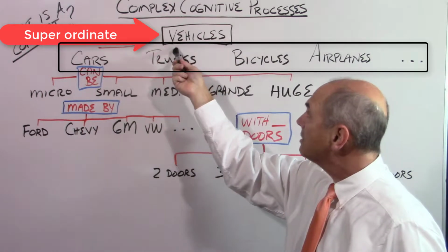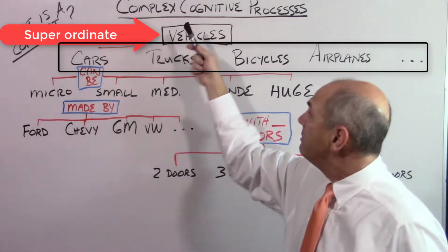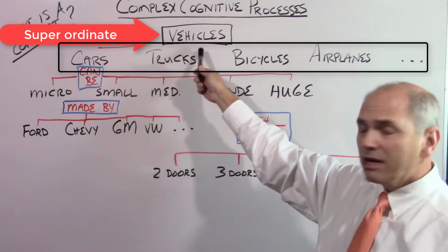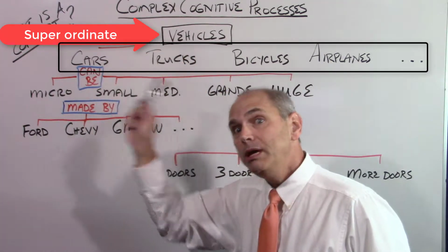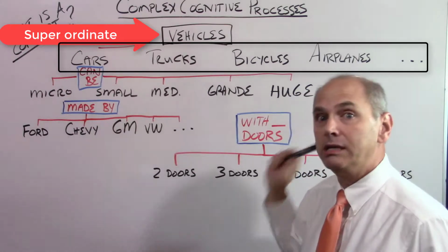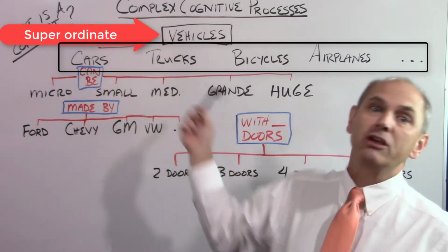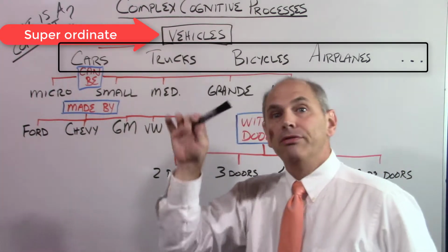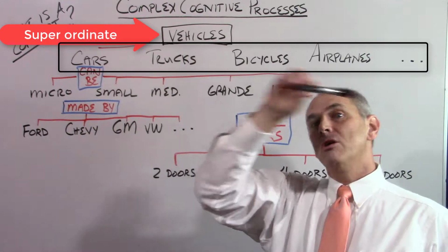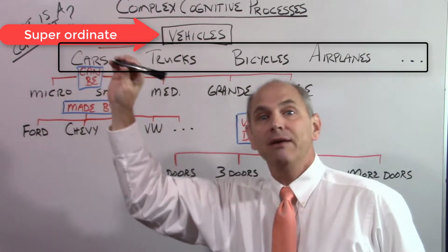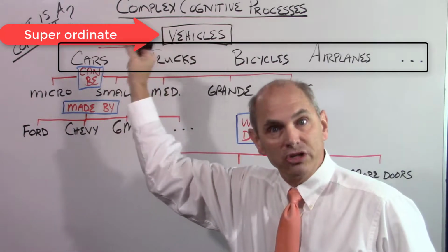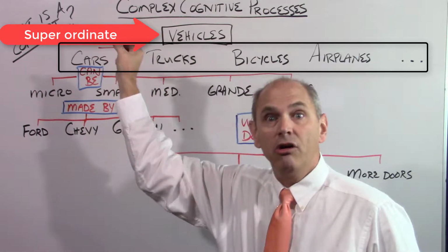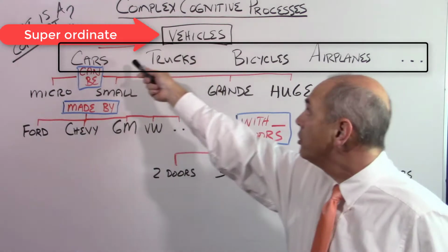So if we start with vehicles, and then we say that vehicles could be cars, they could be trucks, they could be airplanes, they could be bicycles, they could be whatever. Those are all going to be coordinate to each other because they have the same relationship to the thing that is superordinate just above them. They are all vehicles. They could be vehicles.